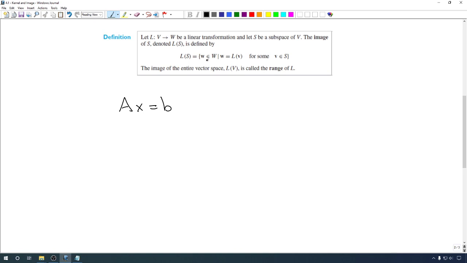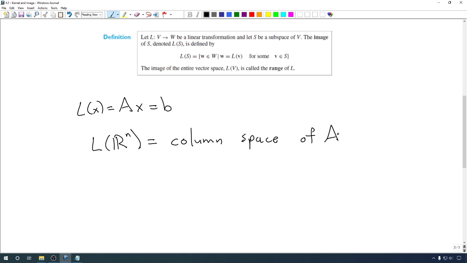Because that's what the image is really doing. We can basically see that for L of x equals A times x, the image of R^n in this case is just going to be the column space of A. So, going back to what we were talking about in the last section.